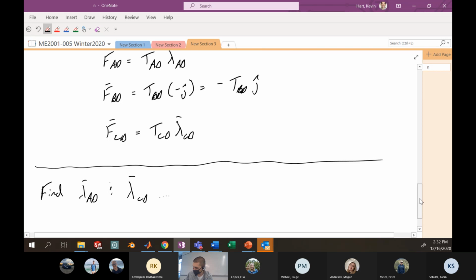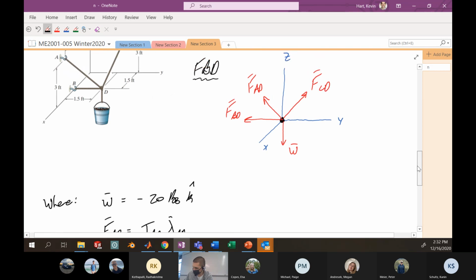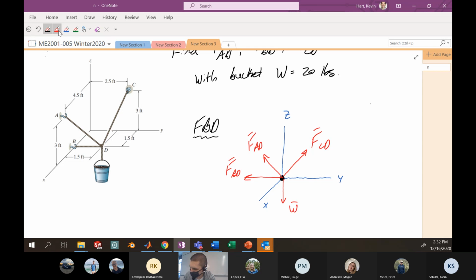I'll pull the picture up here just so you have it as a reference. So we want lambda AD, which is a unit vector along this direction, and we want lambda CD, which is a unit vector along that one. See what you can do to solve for those unit vectors. Let me give you a couple minutes here to give that a go.